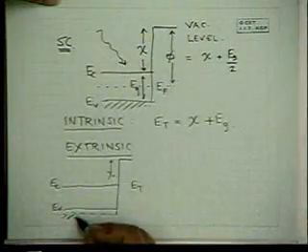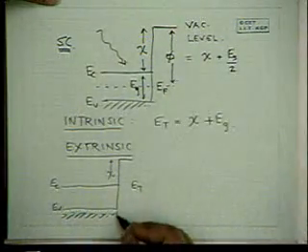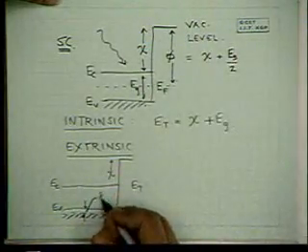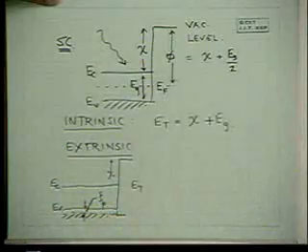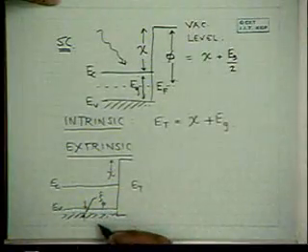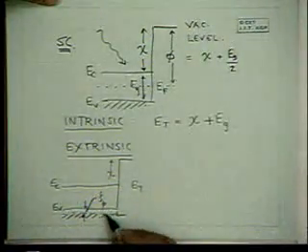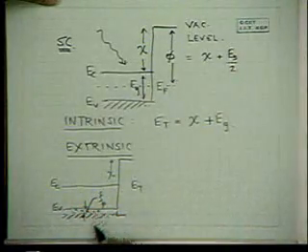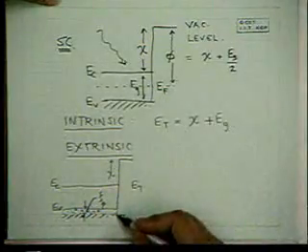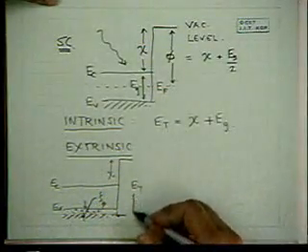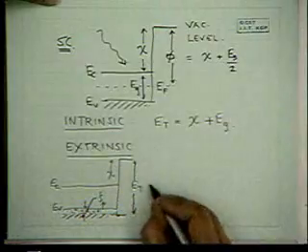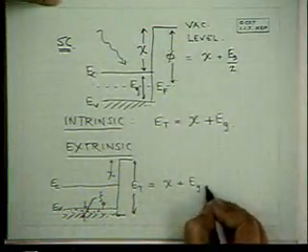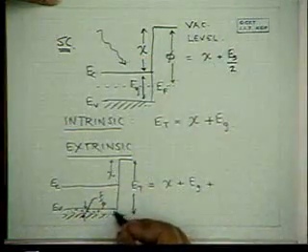There are holes here, so the highest filled level is there. This is say xi p below the valence band. It's a degenerate semiconductor, p-type. So there are holes here. Holes mean absence of electrons. So electron emission takes place from here. So Et in this case is equal to chi plus Eg plus xi p.